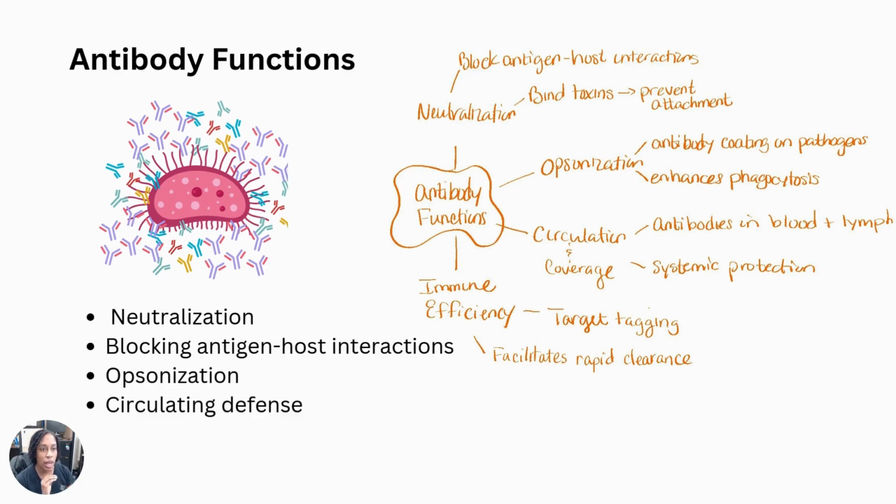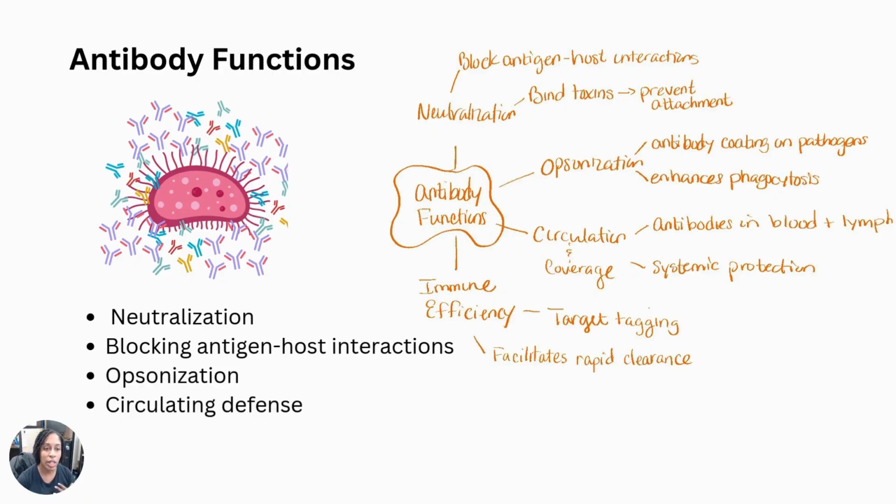There is a blockage of the antigen and host interactions, and toxins that may be present are surrounded by the antibodies, and this prevents the toxins from being attached to the host cell. Then we have opsonization, where the antibodies completely surround the pathogen, which helps in phagocytosis.